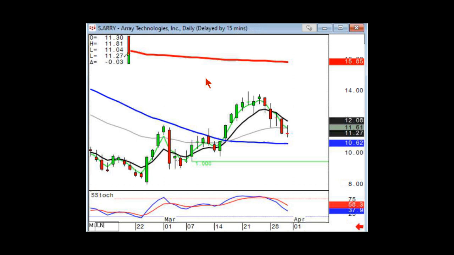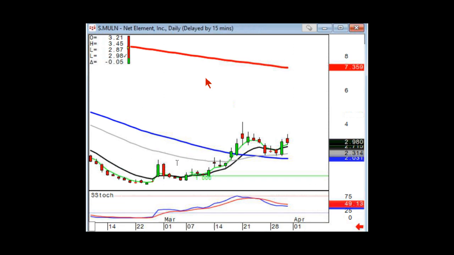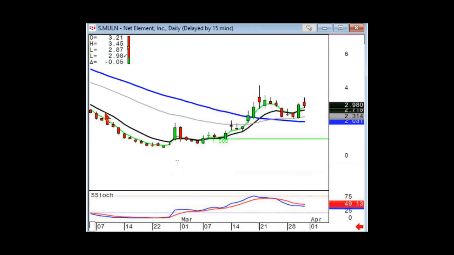ARRY, stay short. Mullen tried to bounce back up today. I would stay long on this because you've got the classic pattern, your fry pan bottom, trying to follow the J-hook. If this came back up through today's open, you could still be buying this one aggressively.